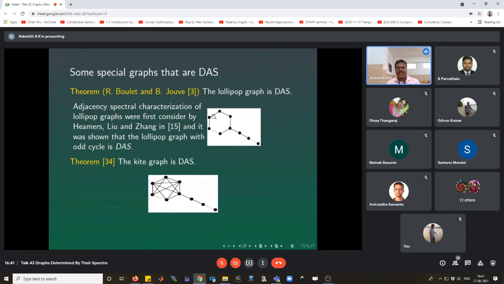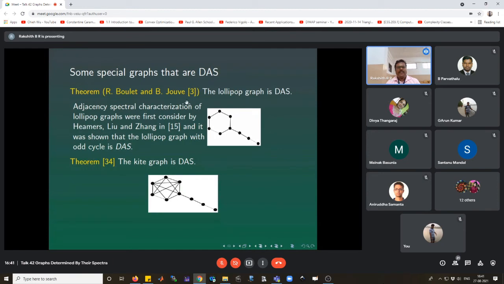It's nothing but a cycle appended to a path: you join a vertex of a cycle to the end vertex of a path by an edge, and you obtain a lollipop graph.